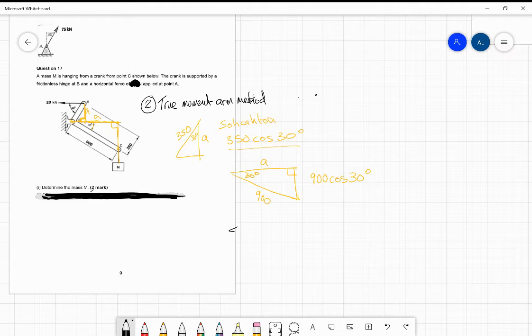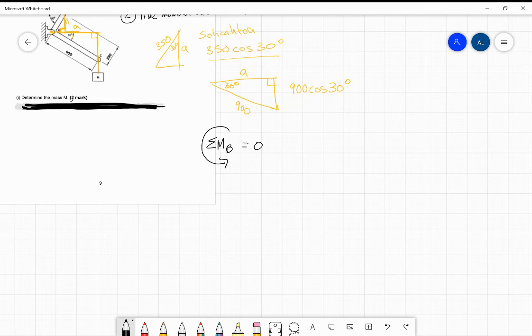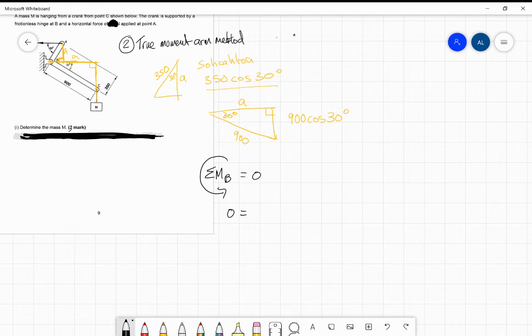Sum the moments about B, using this as the positive again, equal to 0. So 0 equals, well, the first one was 20 kilonewtons, 20, multiplied by 350 cos 30 degrees, minus M times 900 cos 30 degrees.